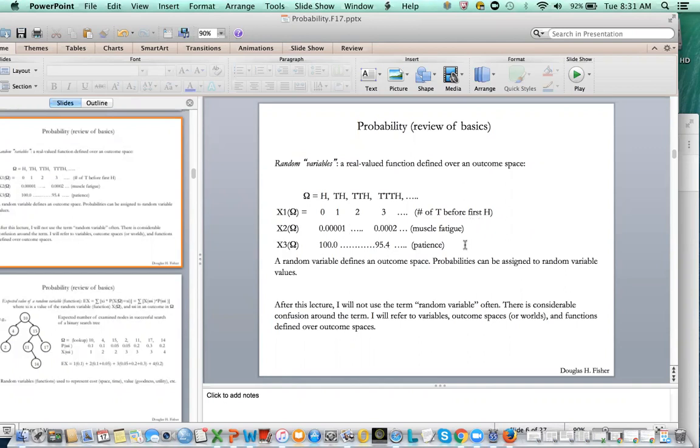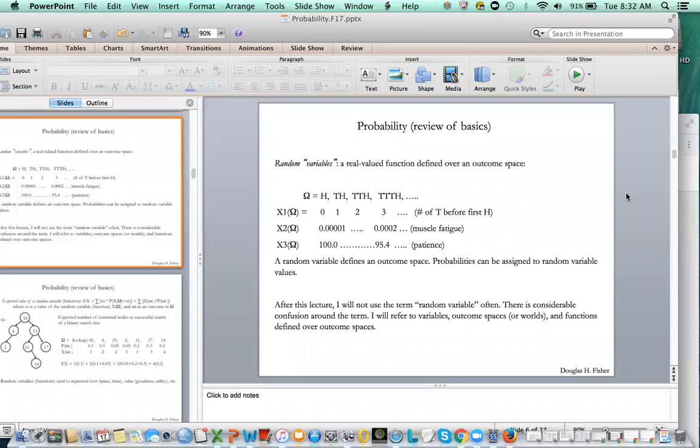The third function that's given there is patience, whatever that means. I have not bothered to define these units of measure too exactly, but those three possible random variables or functions are defined over the outcome space of sequences until the first head.